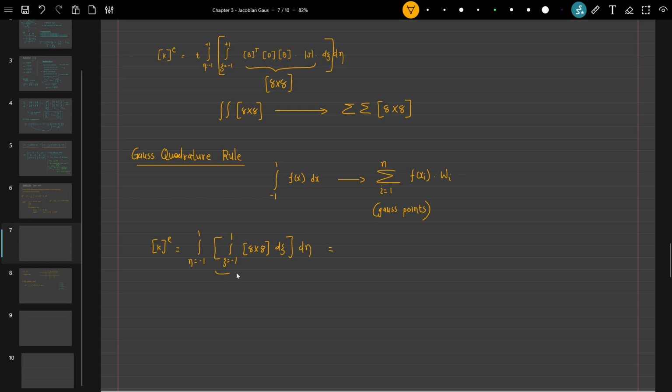This is 1D, so we'll apply this rule onto this term. So we get eta equal to -1 to 1, and this will be replaced by a summation. So I'll have a summation over i equal to 1 to n with the weighting factors and d eta. So this is a function of eta_i, zeta_i.